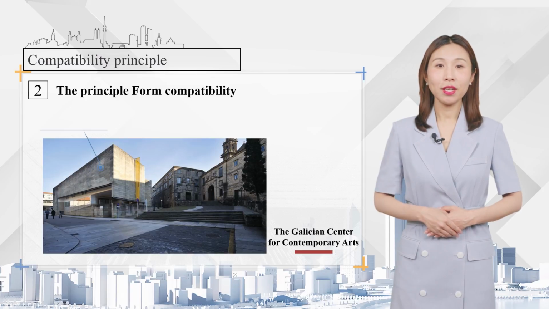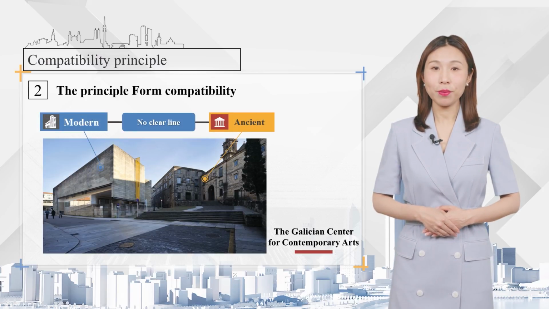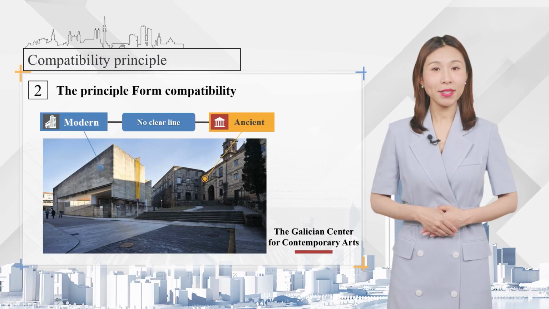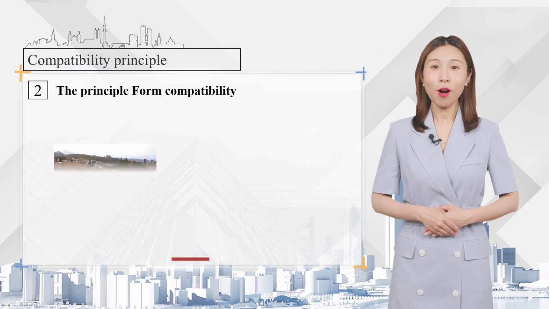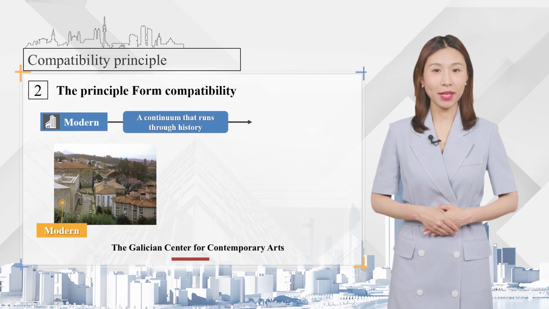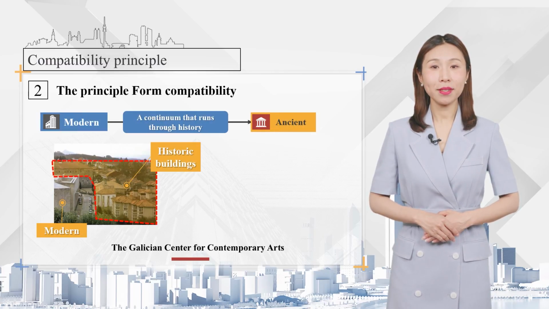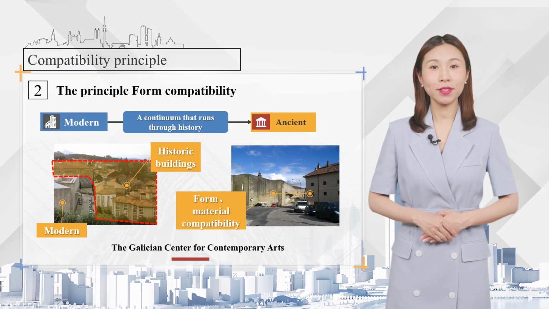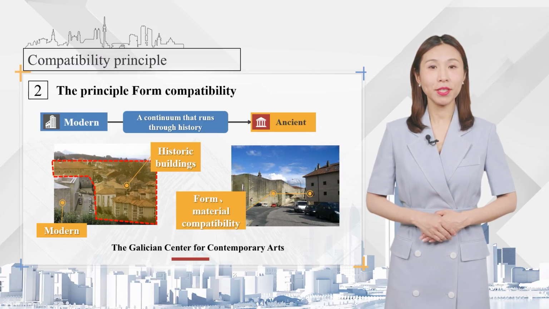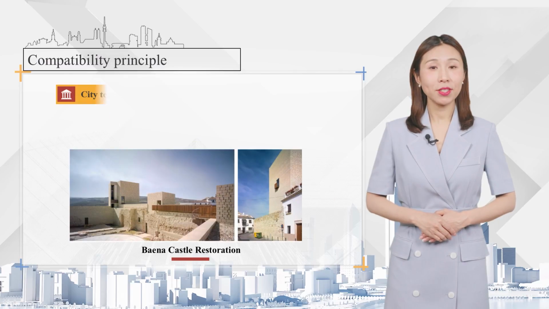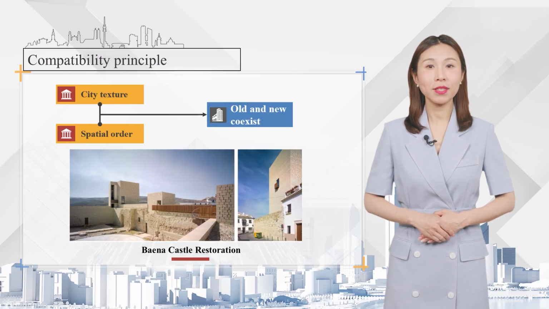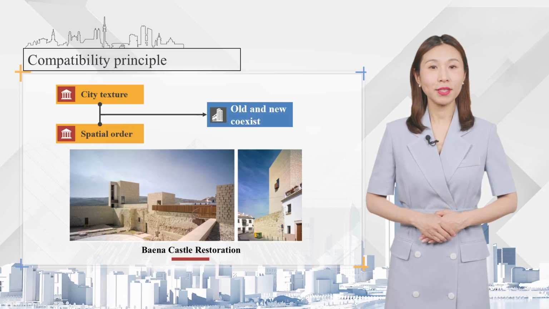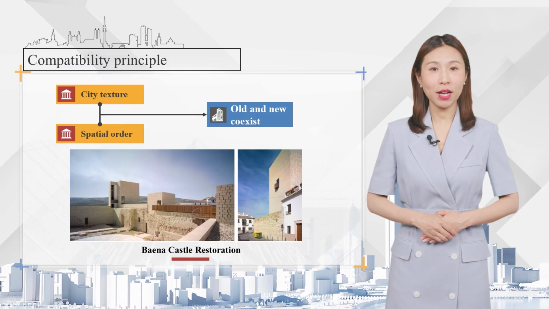In this picture, the Galashiels Center of Contemporary Art, completed by Siza in 1993, is a complex site in a historical complex. Siza's design begins with the site, a perfect interpretation of form and materials. Just as Chinese culture emphasizes similarity in spirit rather than in form, it is necessary to grasp the relationship that makes it compatible to achieve symbiosis among the elements.